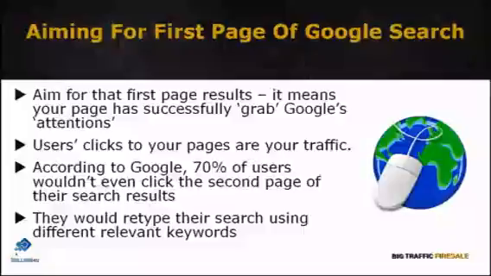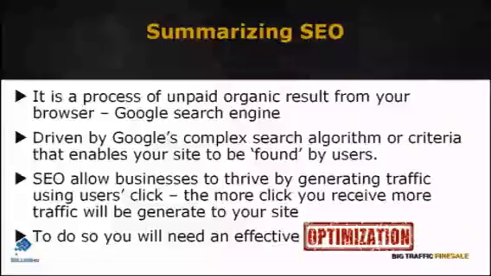Research shows that 70% of Google users wouldn't even click the second page of their search results. If they can't find it in the first page, they would retype their search using different relevant keywords. Thus, the cycle continues. So let's do a small recap of SEO. As mentioned, it is a process of getting that unpaid organic result from your browser, in this case Google Search.